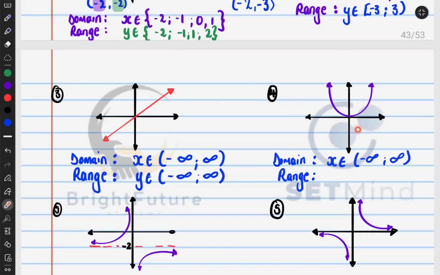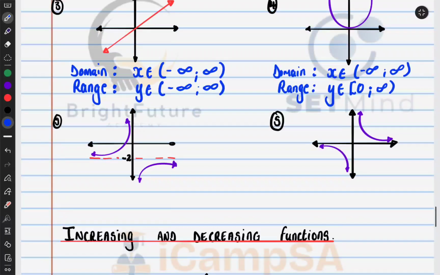We don't see the function anywhere below the x-axis, so it means that the function doesn't exist below there. So our function exists from the origin at point 0 going into positive infinity. So our range is going to be y is the element of, remember 0 is included, the origin, from 0 to positive infinity. That is our range.